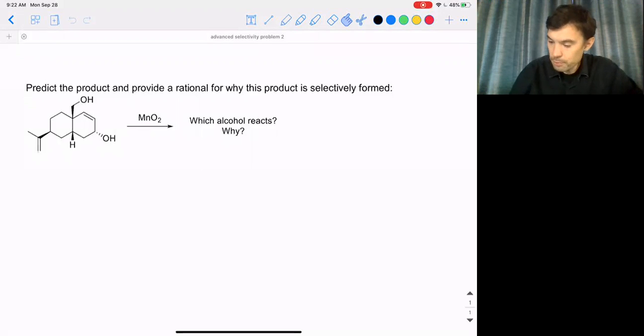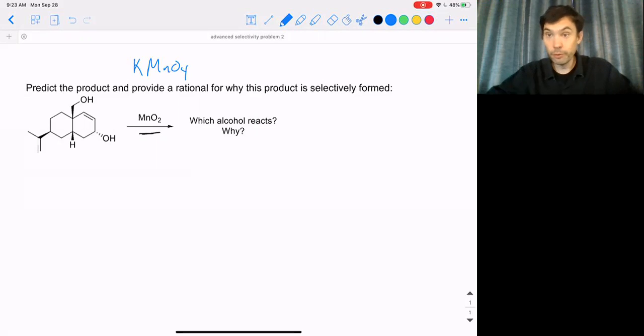So the first problem is shown here, and it is an oxidation with the reagent MnO2, or manganese dioxide. Many of you may be more familiar with the similar reagent potassium permanganate, KMnO4, a beautiful purple molecule. In solution, it is an incredibly gorgeous color.